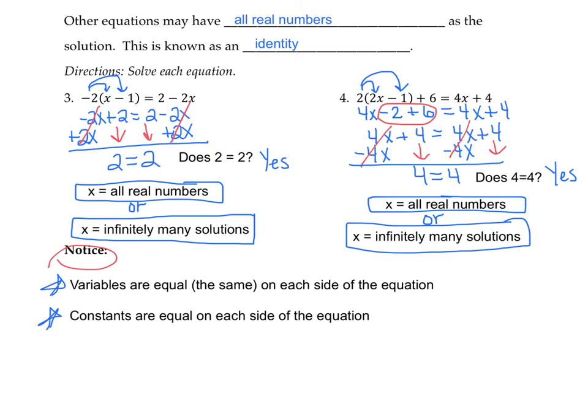And whenever the variables are equal and the constants are equal on each side of the equation, your answer is always going to be all real numbers or infinitely many solutions.